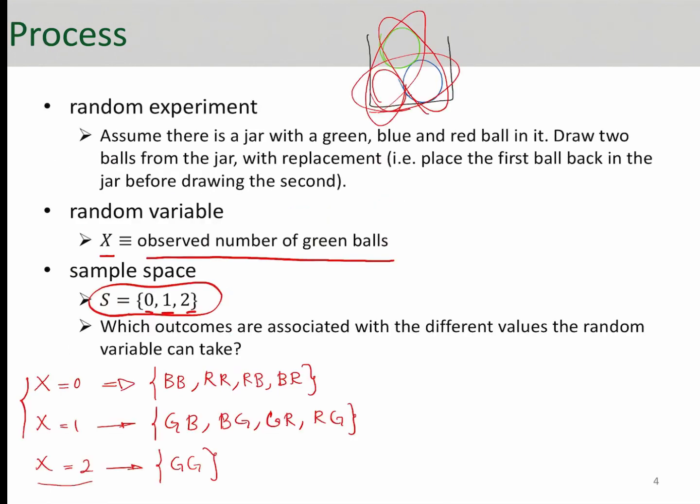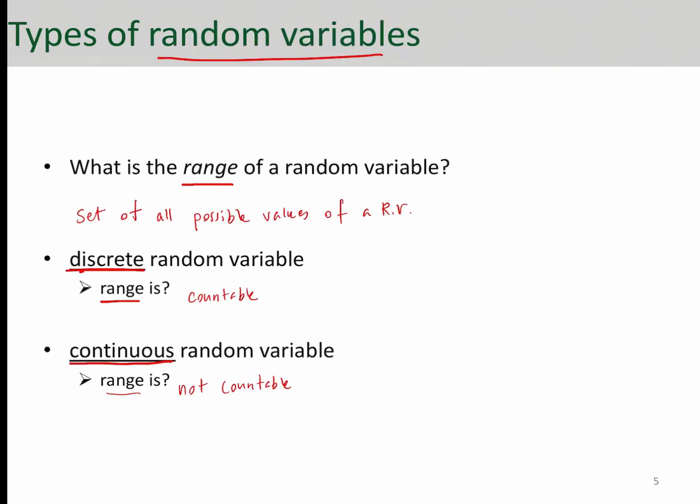The random variable that we had here is obviously discrete. There are 3 numbers that this random variable can get, and you can count them. They're separate. There is no value between 0 and 1 that this random variable can get. There is no 1.5. But for a continuous random variable, you can think of the average temperature of any given day.